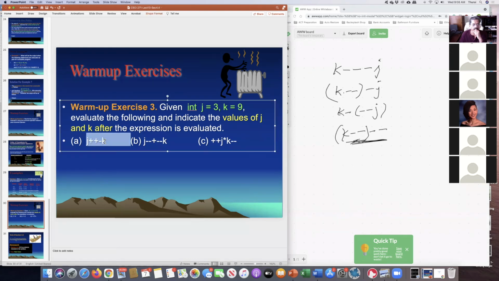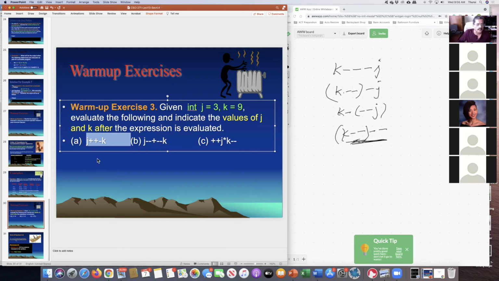The value of this expression will be? -6. And J will be? I would say -5. No, -6. J would be 4, and K is 9.